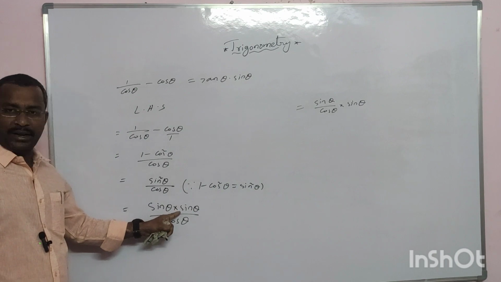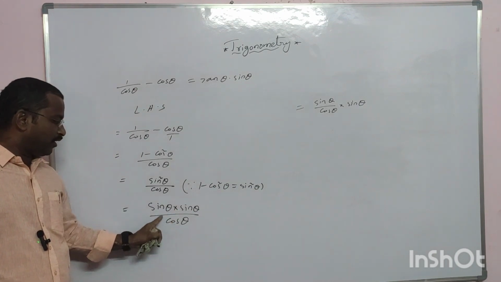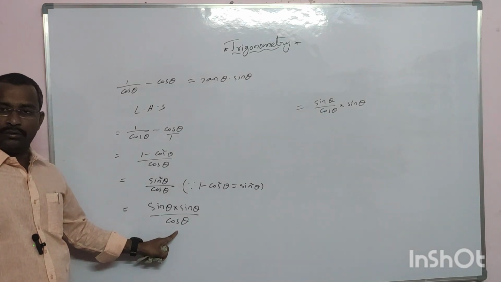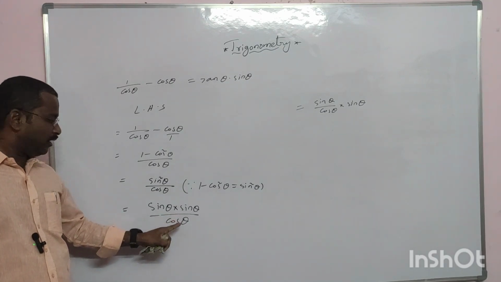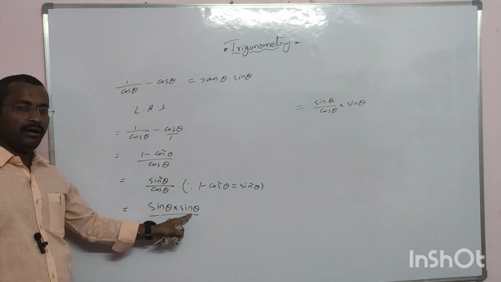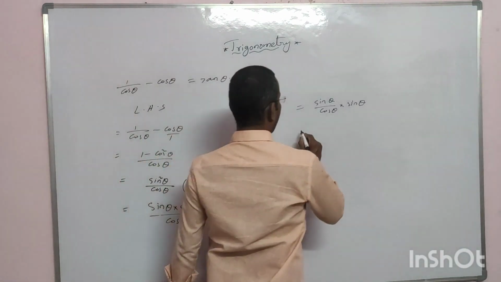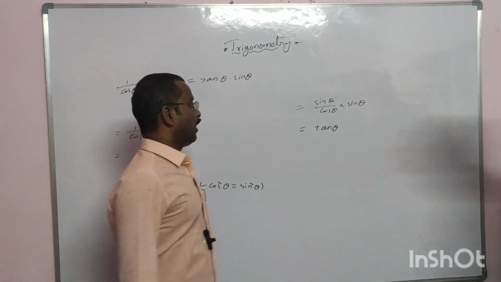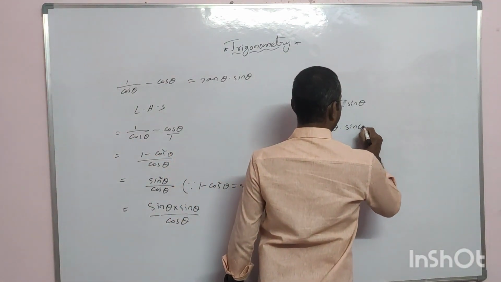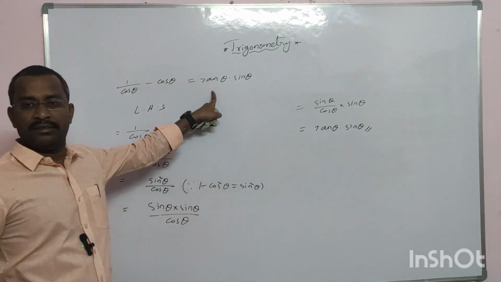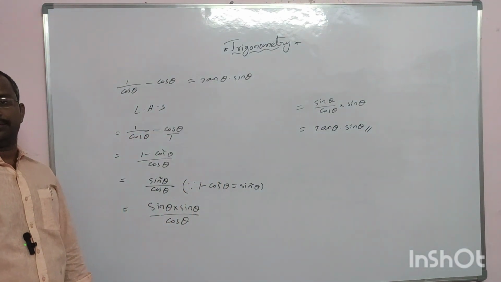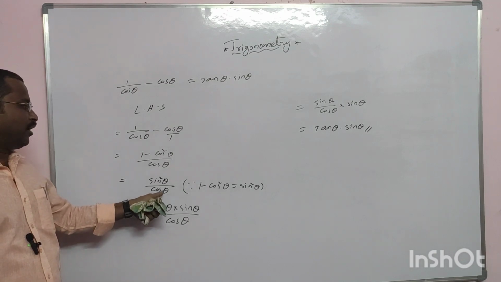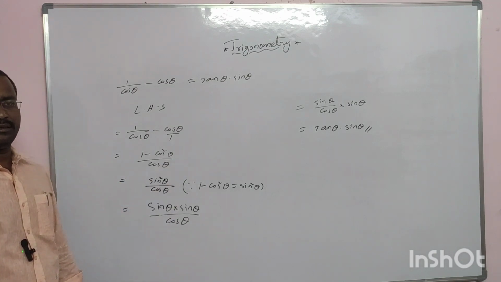Because it is in multiplication, you can write the cos theta for any one of them, not for both. If it is a plus or minus, you can write for both. But it is in multiplication, so you can write the cos either to this or to this. Sin theta by cos theta means tan theta, and sin theta remains the same. So what we wanted to prove: tan theta into sin theta. So we are not doing any spectacular method, we are just doing the simplification method, that's it.